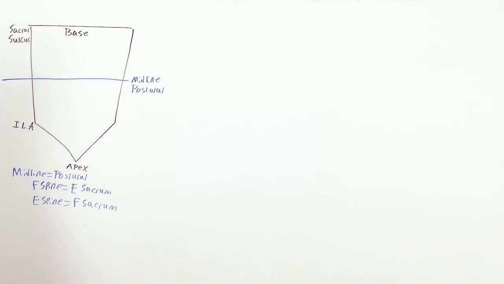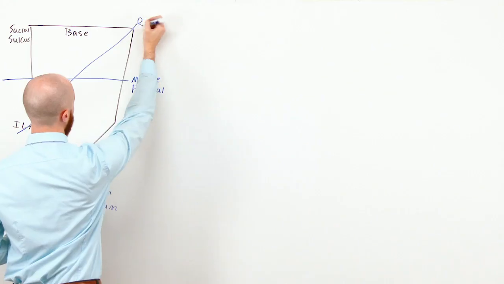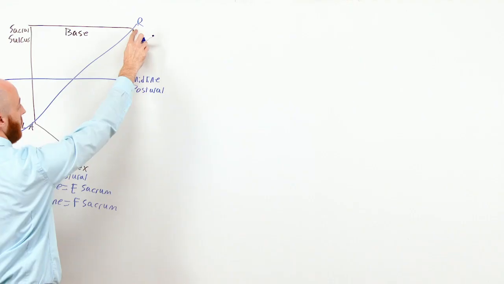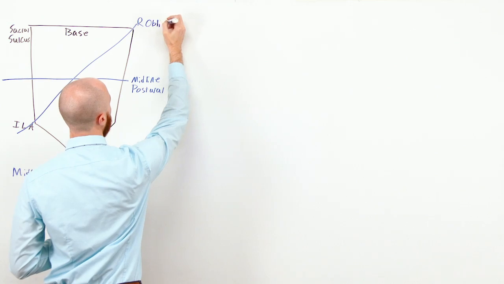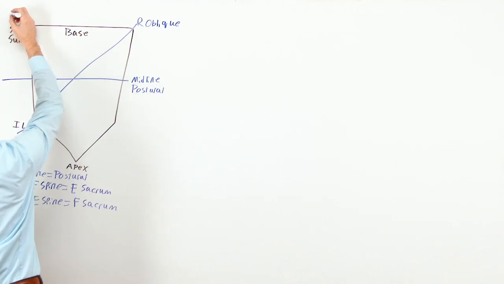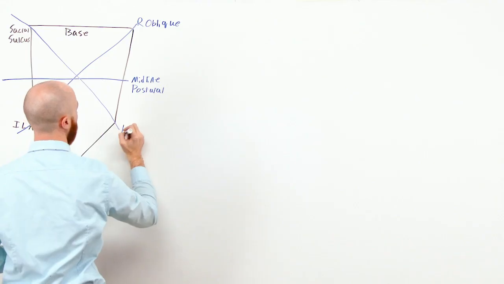So the next two axes that we're going to talk about are the oblique axes. There are two of them. There's a right oblique and a left oblique. The right oblique is named right because it goes through the right sacral sulcus. So right oblique. And the left oblique axis goes through the left sacral sulcus.